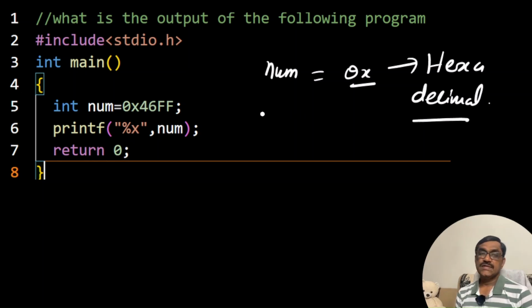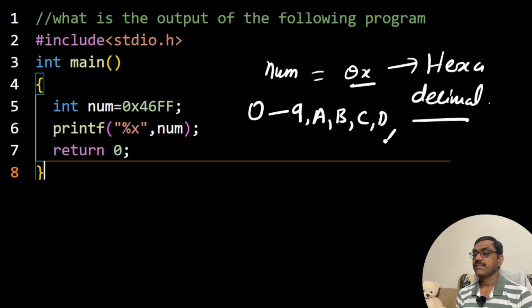In the hexadecimal number system, the numbers can be denoted like this. We are taking from 0 to 9. So 10 is represented as A, 11 is B, 12 is C, 13 is D, 14 is E, 15 is F. Now 46FF indicates hexadecimal, FF means 15, 15.